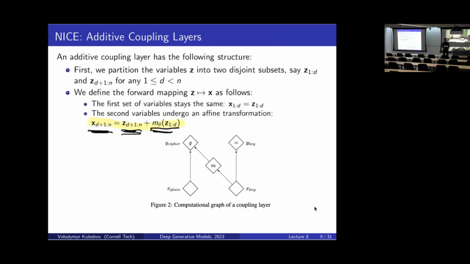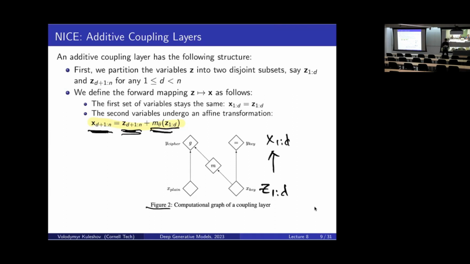This might be a little bit easier to understand via a picture. So I took a picture here that comes from the original paper. I apologize, in the paper they use a slightly different notation, but what we have here is what we refer to as the first subset. This is z 1 to d. And this one gets mapped without any changes to x 1 to d.